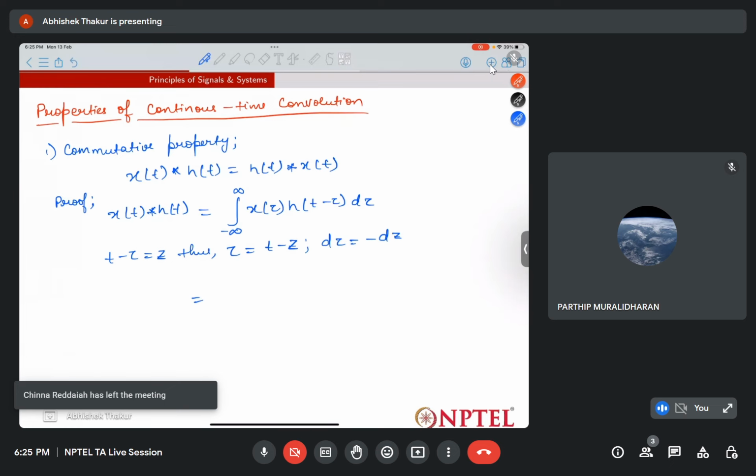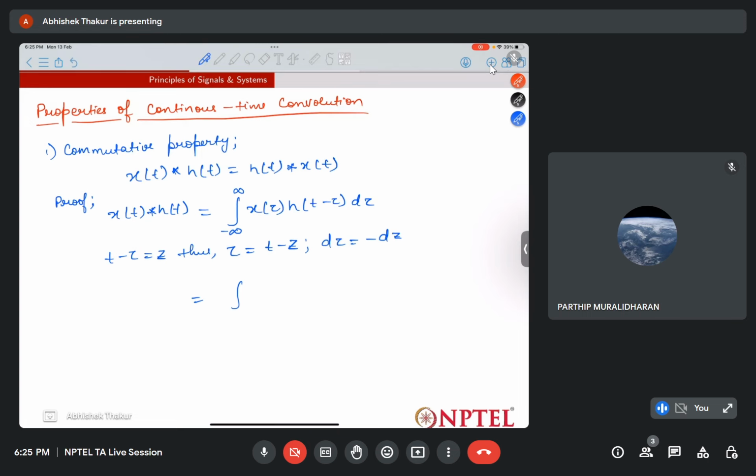Now substitute this in the above equation. Here z is equal to t minus tau.